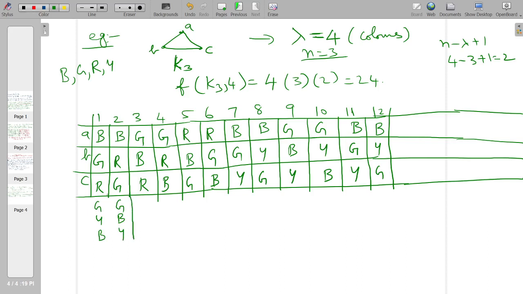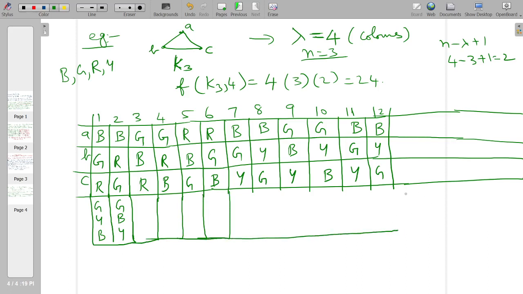So now what I have done here is I have given 14 colorings, but I have to show that it has 24 different colorings. Let me list out the other combinations.